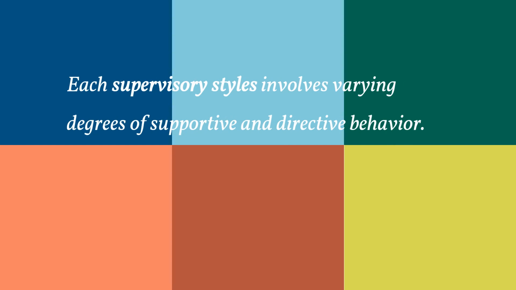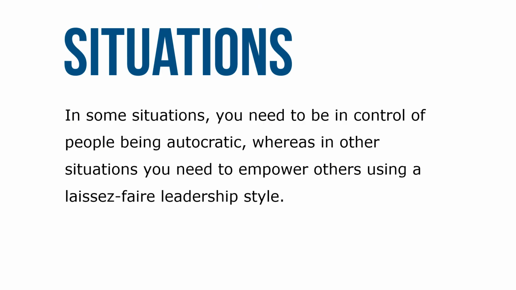Each supervisory style involves varying degrees of supportive and directive behavior. In some situations, you need to be in control of the people, being autocratic, whereas in other situations, you need to empower others using a laissez-faire leadership style.